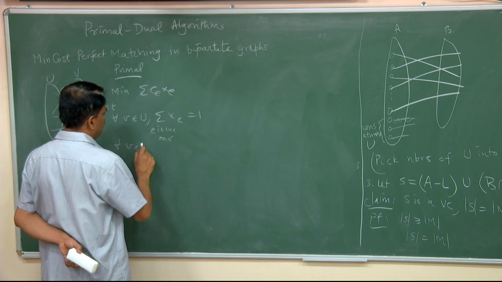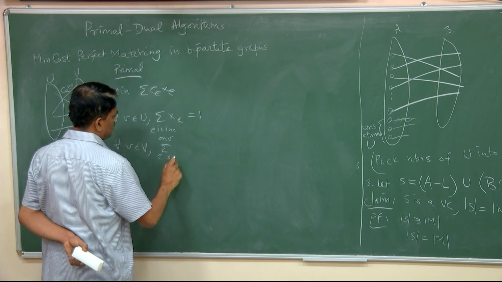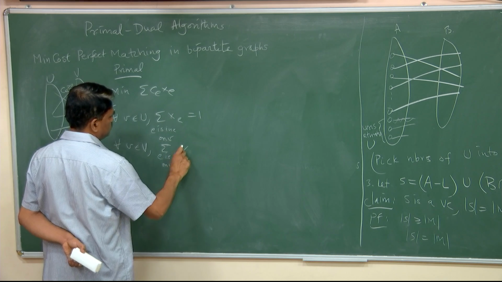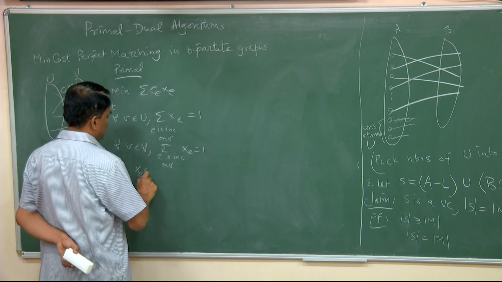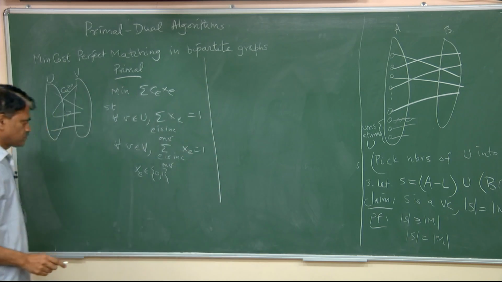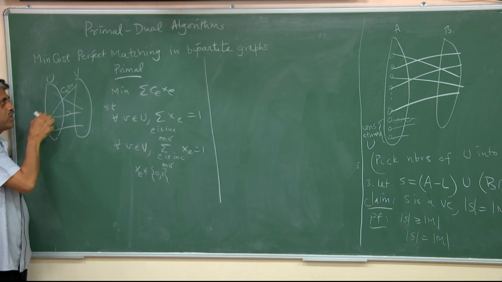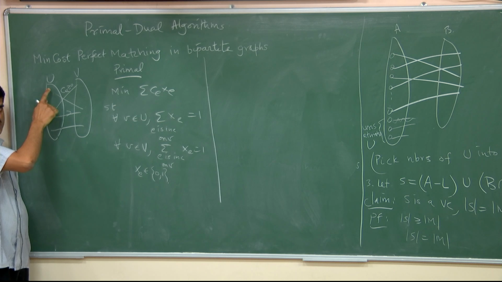Similarly for all v in V. And my x_e is 0 or 1. This is my primal. I want to pick a subset of edges. Those are the ones which get x_e equal to 1. Others will get x_e equal to 0. We want to minimize the total cost of my matching. For every vertex, if I look at all edges incident on that vertex, exactly 1 should come out of it, this side and that side. That's what it is.